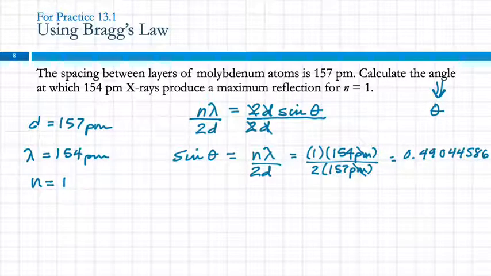Inverse sine. So sine is a function, like multiplication is a function, so we can't just divide by sine because it's not a thing. It's a function. We have to undo the function. So theta is equal to the inverse sine of that number.